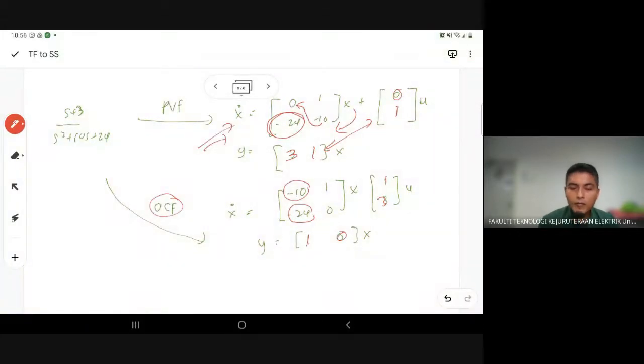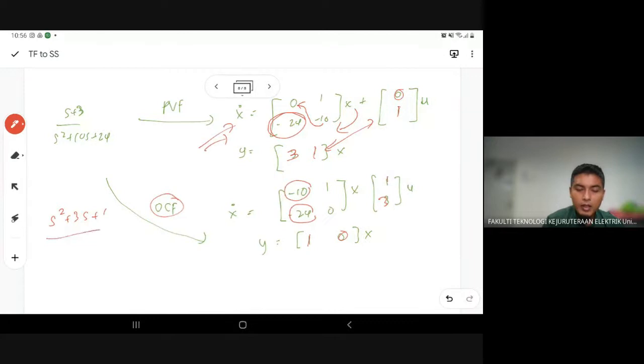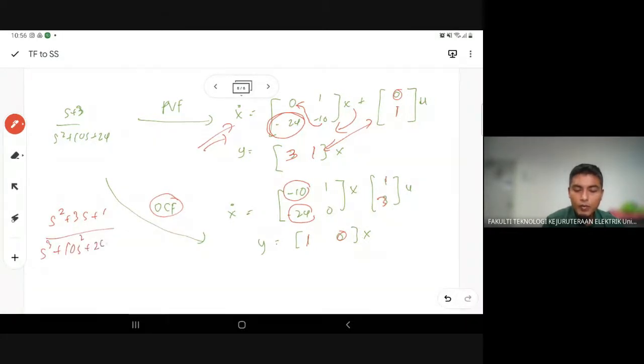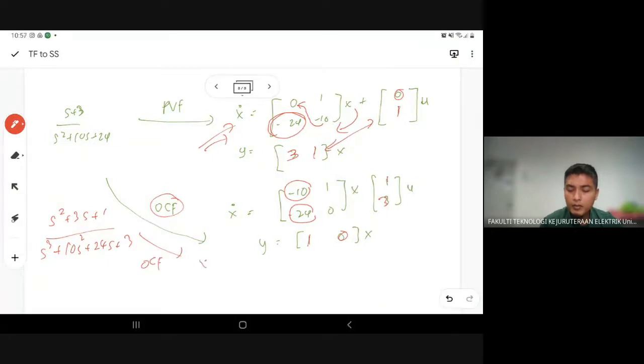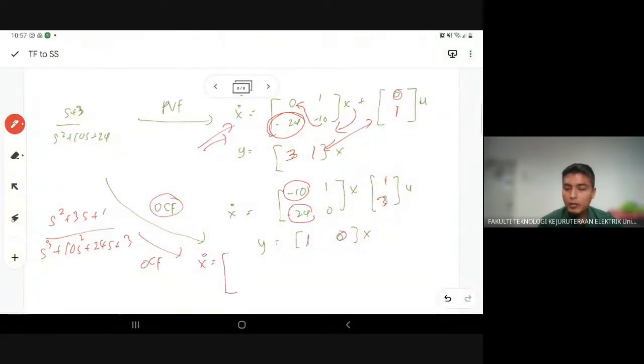So let's say you have this kind of transfer function, s square plus 3s plus 1 over s cube plus 10s square plus 24s plus 3, for example. What you need to do, if you want to convert to the OCF, you need to read from left to right.